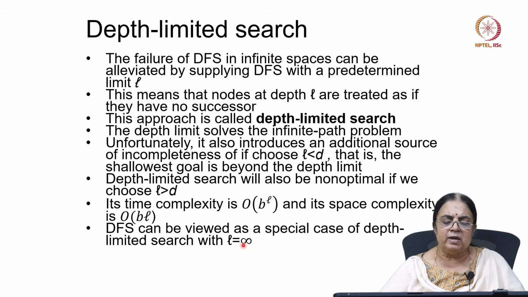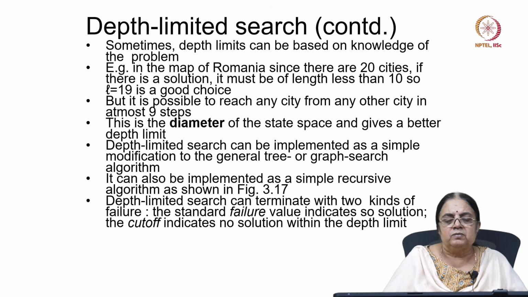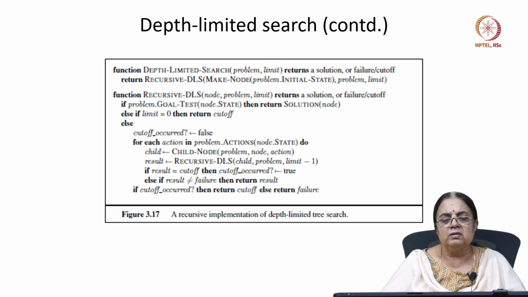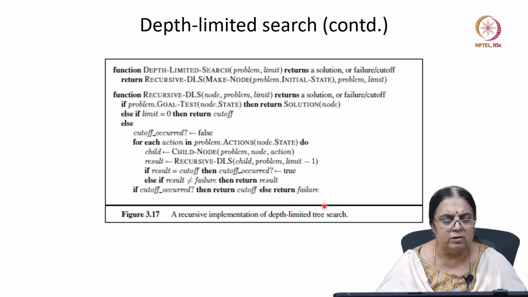If you take L to be something less than infinity, then you get the depth limited search. In some cases you can actually estimate what your L would be. If you are able to estimate that L, then using depth first search could help you.